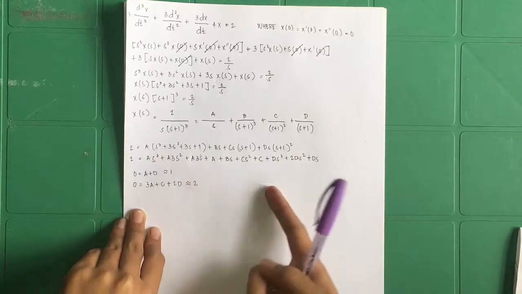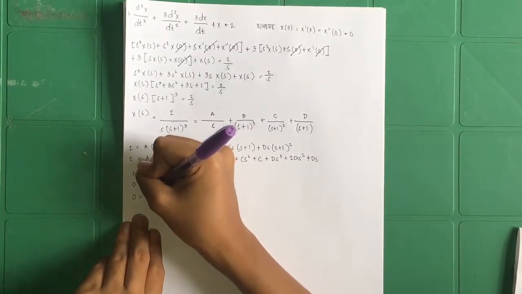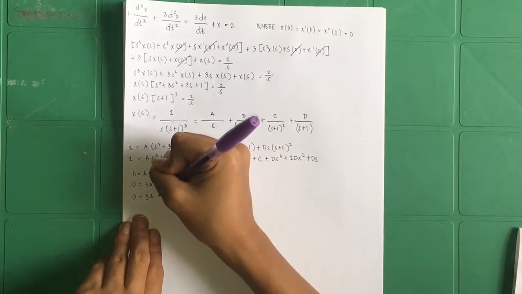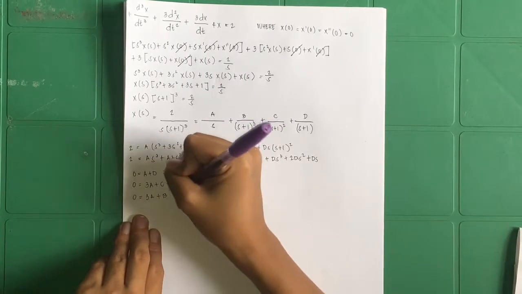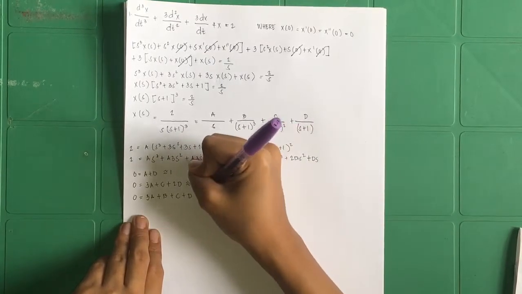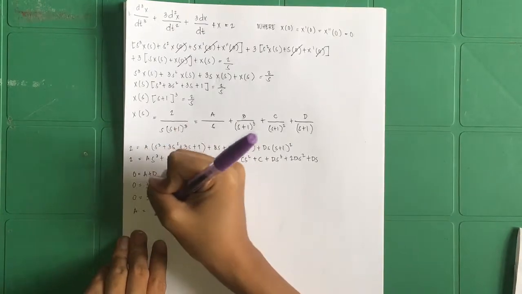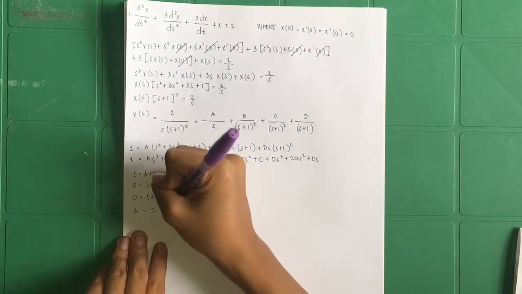Then I'll get the third equation with single power. This will remain the 3a plus b plus c plus d. And for the a, it is with coefficient only.